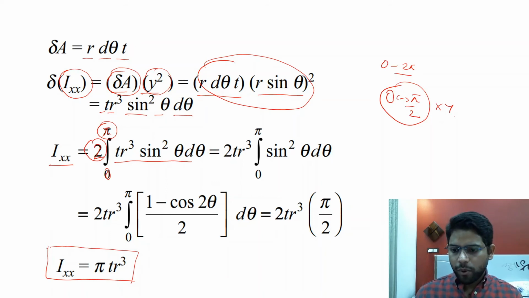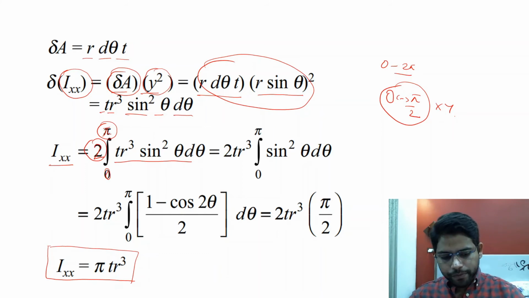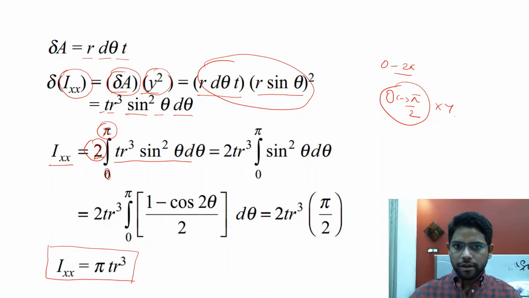So the second moment of area of a circular ring is equal to pi t r cube, where t is the thickness of that ring and r is the radius, or the mean radius, of the ring. So that is how you are going to calculate the second moment of area.